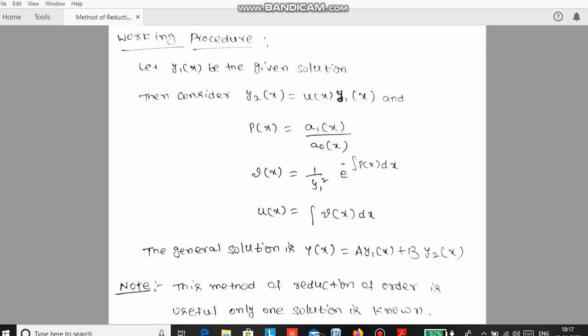First we have to find p of x. So p of x is equal to a1 of x by a naught of x. Already we know the values of a1 of x and a naught of x.